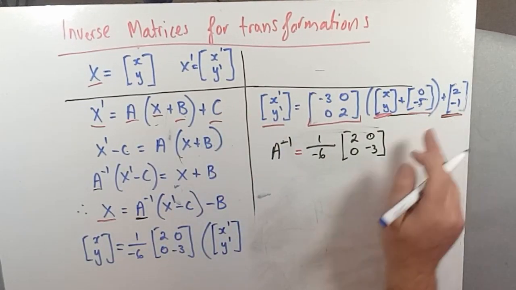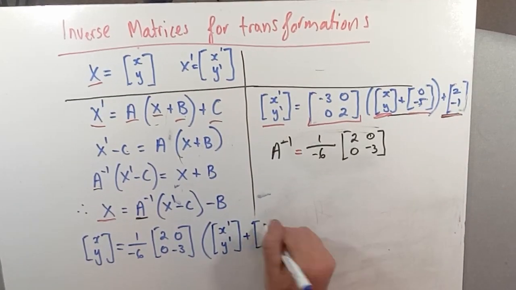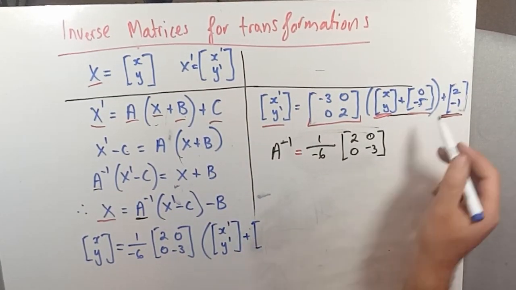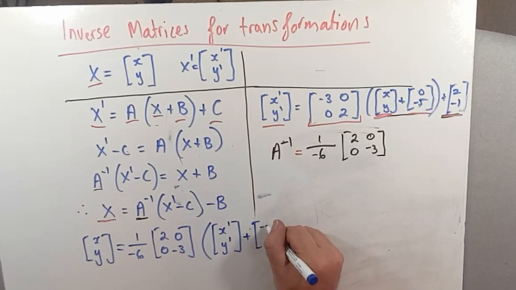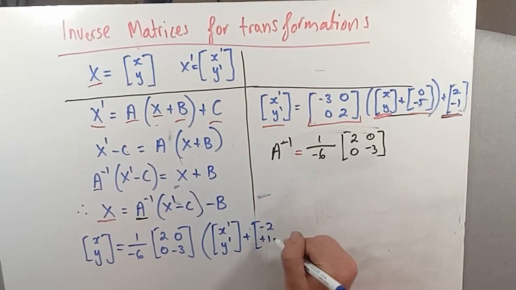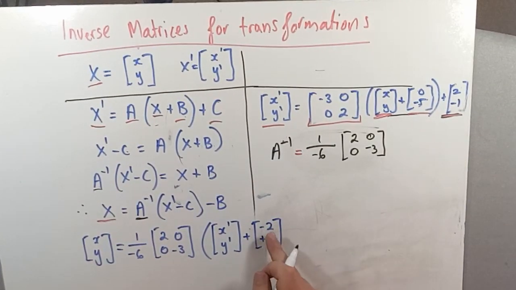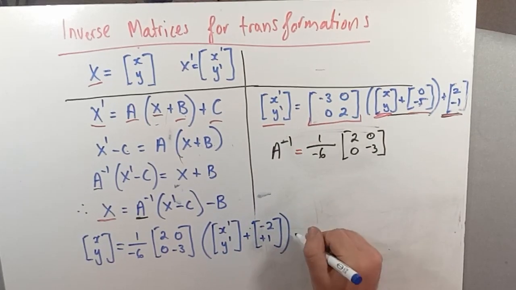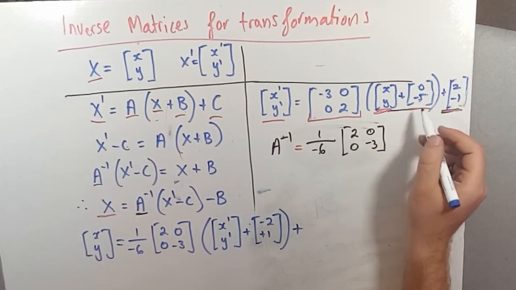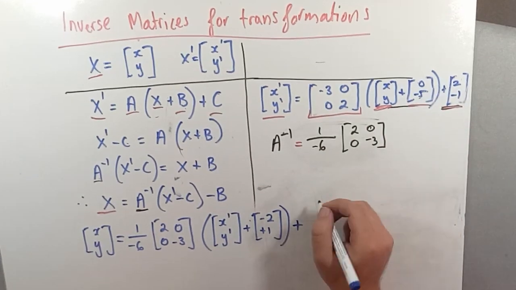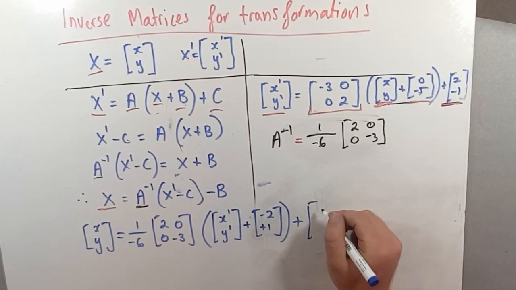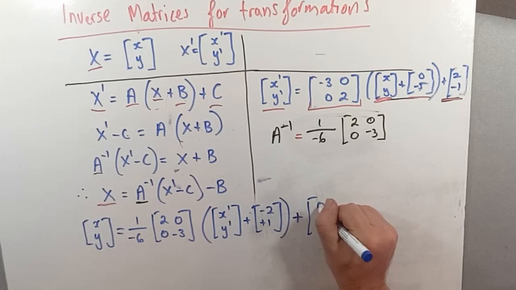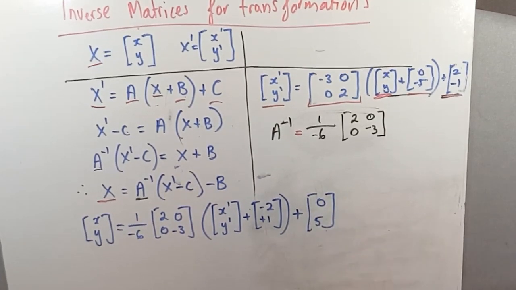Now where was our minus c? That's this one. So instead of minusing c, I'm going to add and just change those values. Instead of 2 and -1, I change the signs: -2 and +1. That's -c. Minus b, and b is this one, so again I change the signs: 0 and 5.